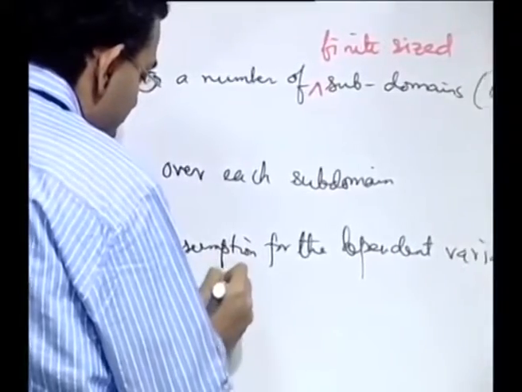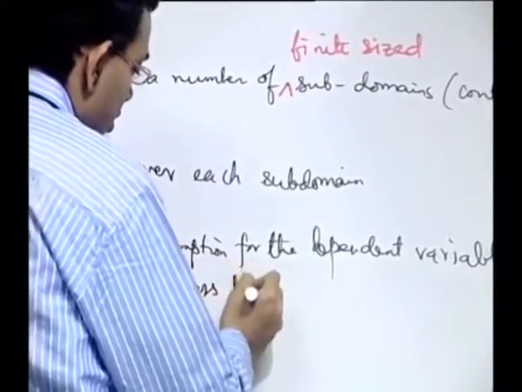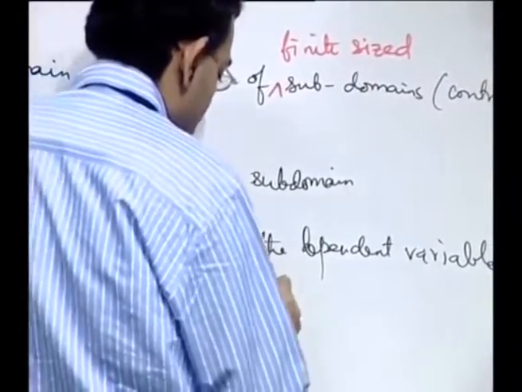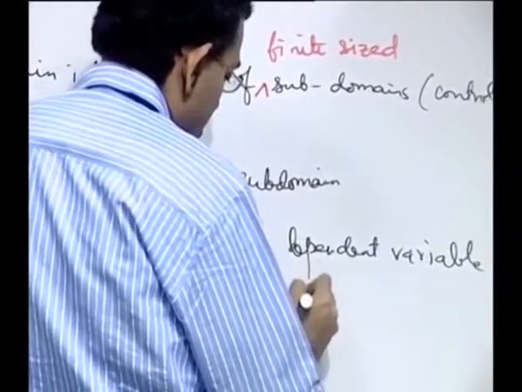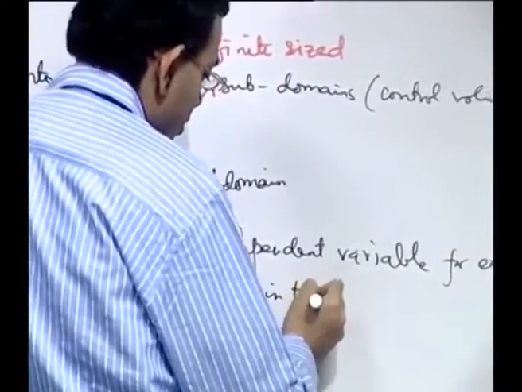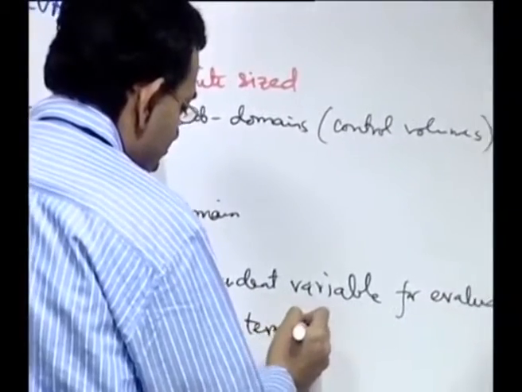To express the result in terms of algebraic quantities at the grid points.